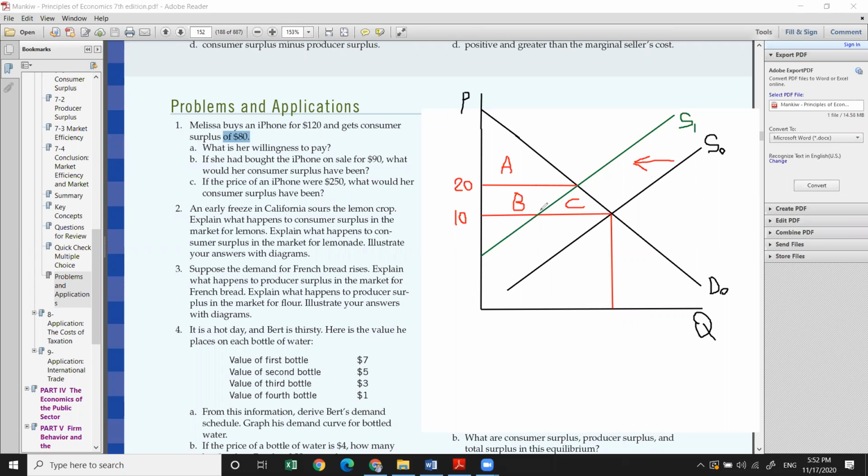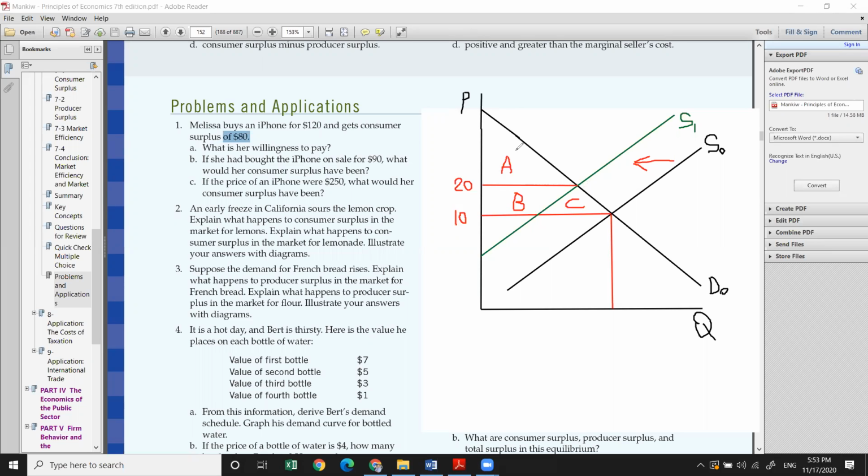So the result is an increase in the price of the lemonade because the cost of producing lemonade is increased, and the quantity decreases, and there is a decline in the same thing, the consumer surplus, ABC. So if she was paying $10, whatever is above, she was getting this consumer surplus, ABC.